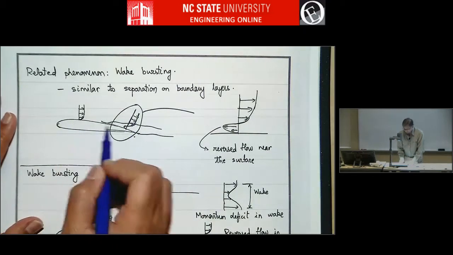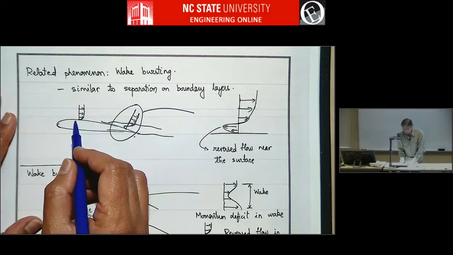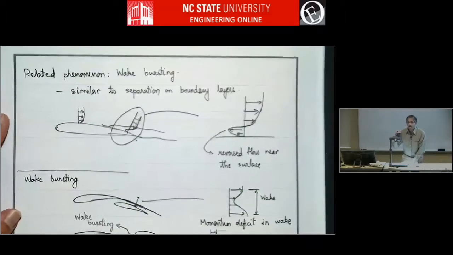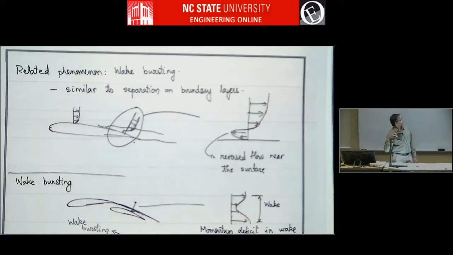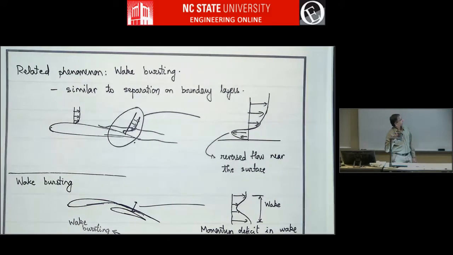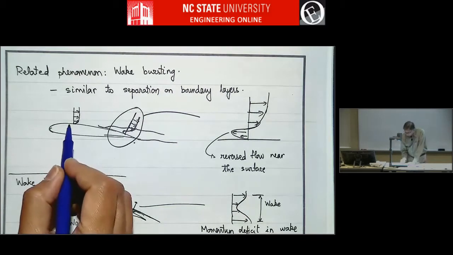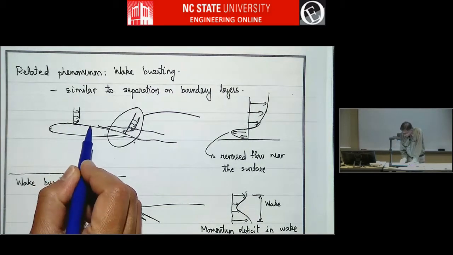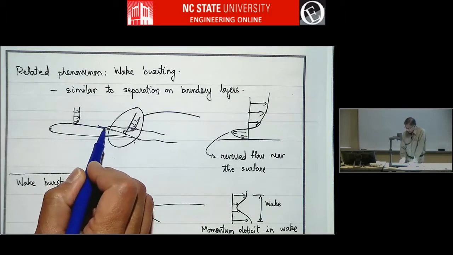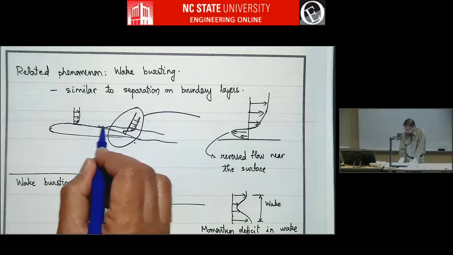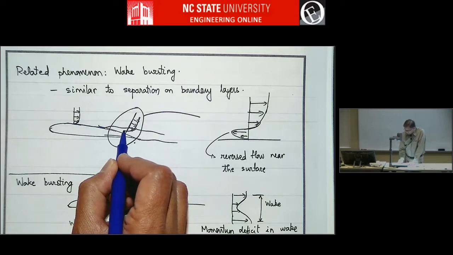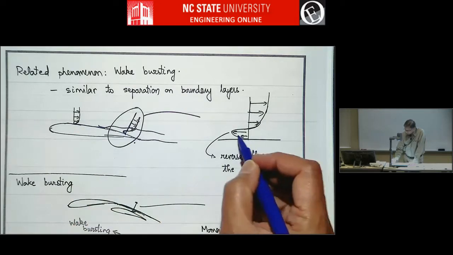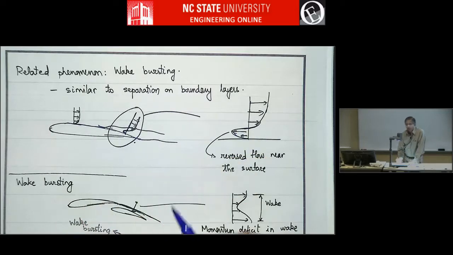So first let's see what separation is, right? We have seen this before. A separated flow is where you have a boundary layer on a surface like an airfoil, and then as it comes to the back, if there's adverse pressure gradient and momentum loss, the portion of the boundary layer near the surface might have reverse flow, and that's a separated boundary layer.